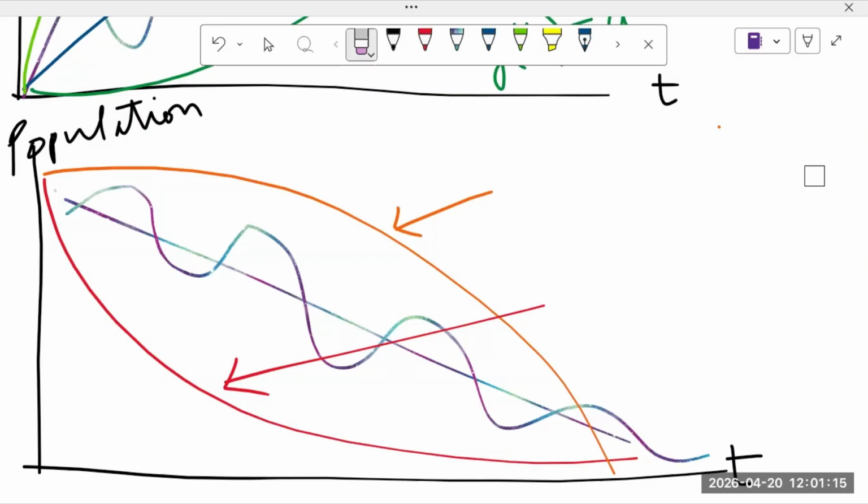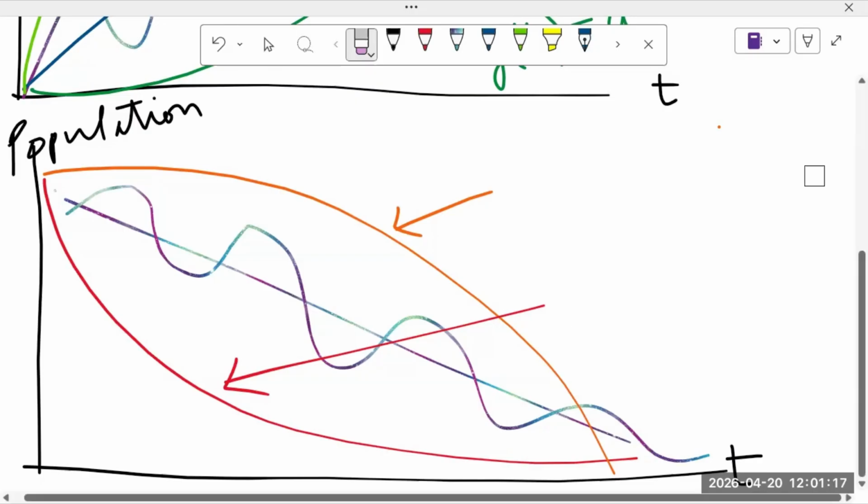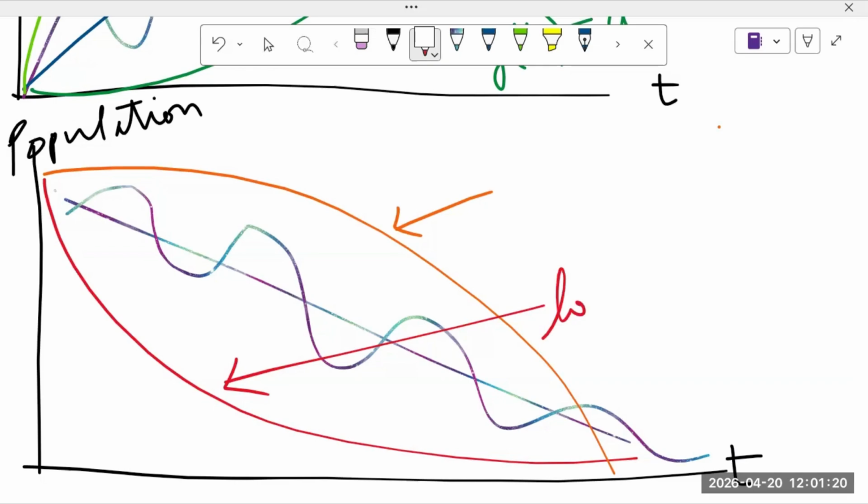So this would be logarithmic, because the slope is getting flatter as time goes on. Early on it drops drastically, but the rate of decay is getting flatter and flatter, or slower and slower, over time.